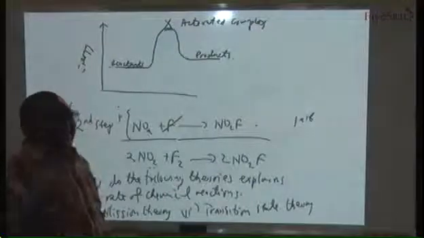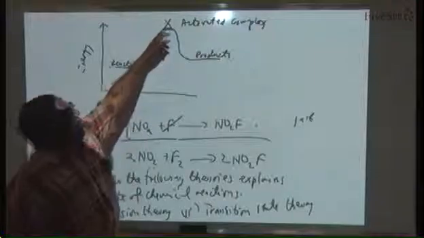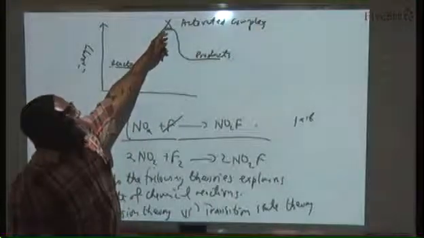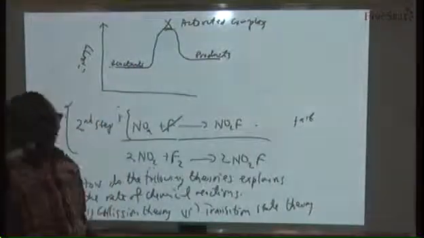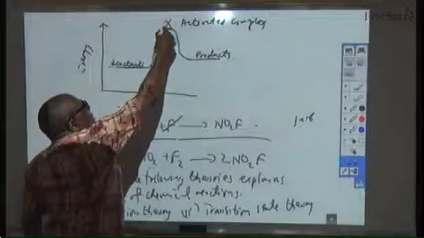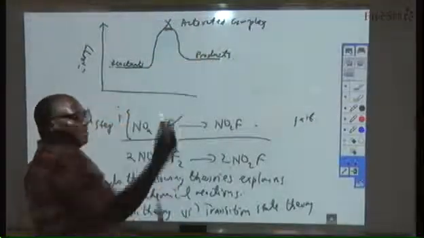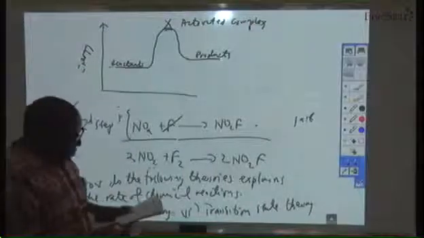The higher the rate, or the easier the formation of the activated complex, and the higher the rate of decomposition of this to final product, the higher the rate of chemical reaction. If the rate of decomposition of this to final product is low, the overall rate of reaction will also be low.